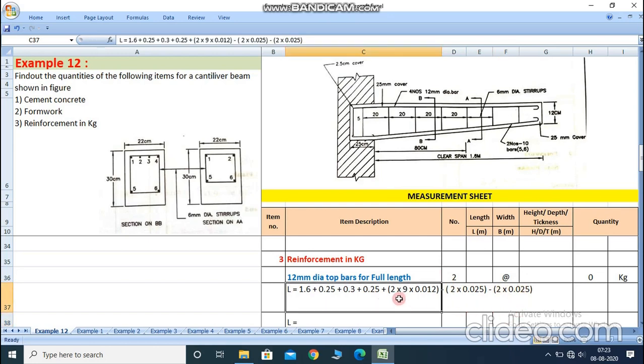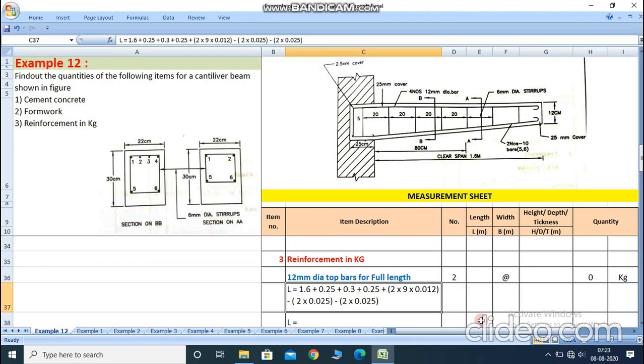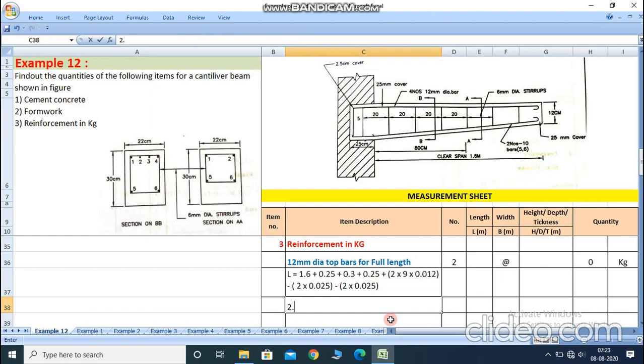Now here we find out the total length, 2.516 meter. So right here total length of the bar is 2.516. Clear?